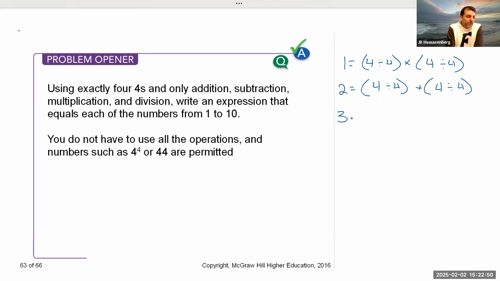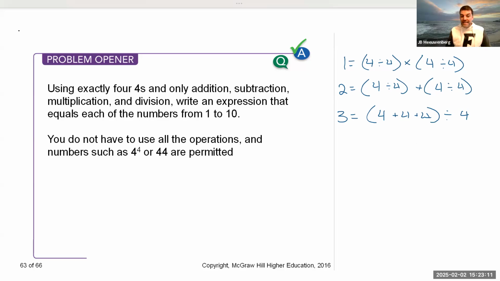Here's one more. 3 is equal to this. Four plus 4 plus 4 is 12, divided by 4 is 3. But notice how I had to group all those first addition 4s in parentheses.